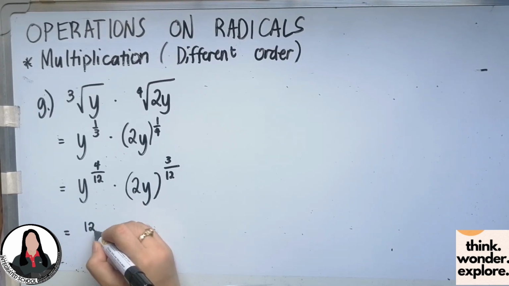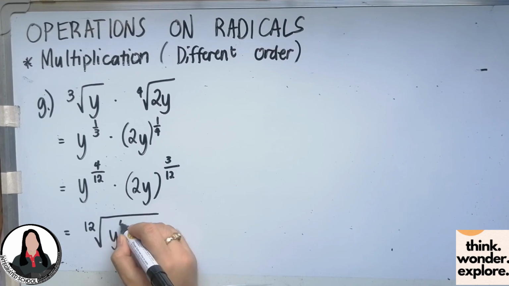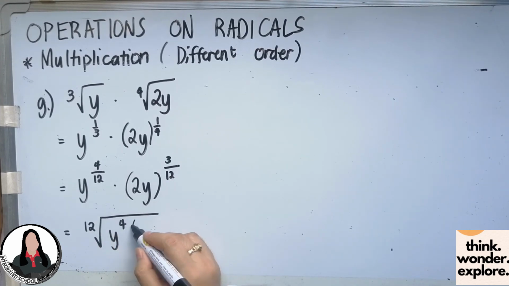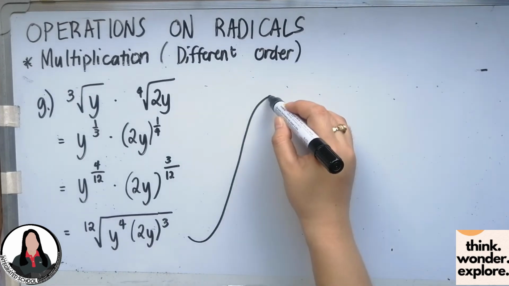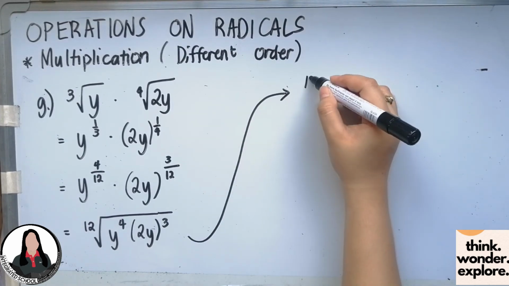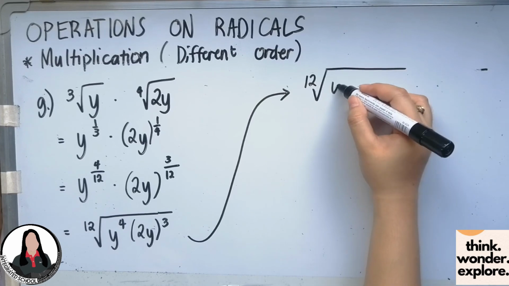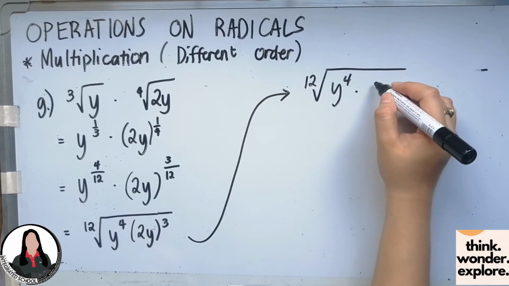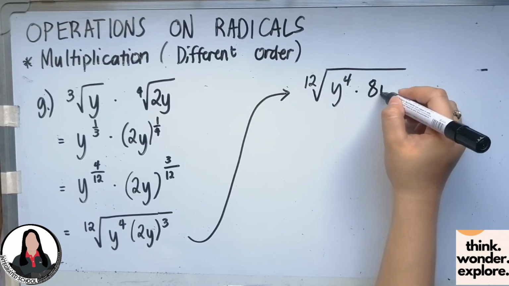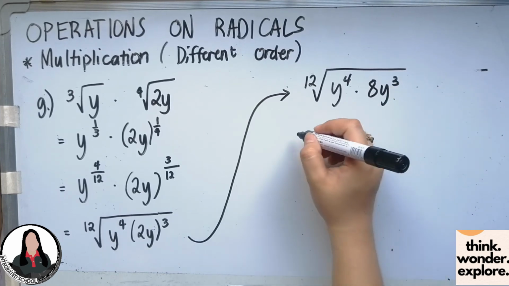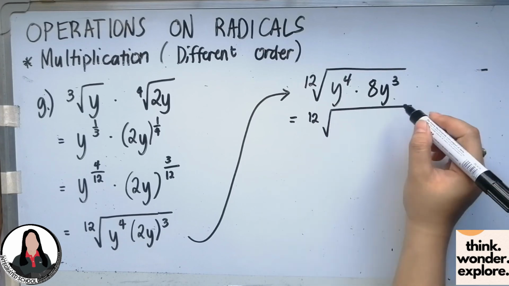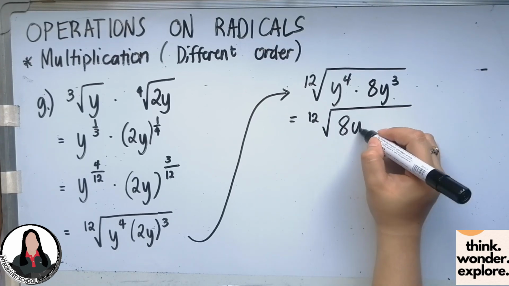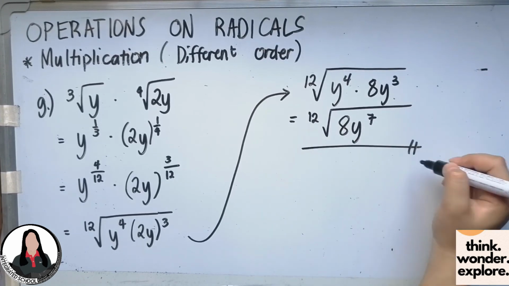So, we have the 12th root of y raised to 4, and then the quantity of 2y cubed. And then simply, we have the 12th root of y raised to 4 times 2 cubed is 8, and then y cubed. And then, let us combine like terms using the product rule. So, the 12th root of 8y raised to 7.